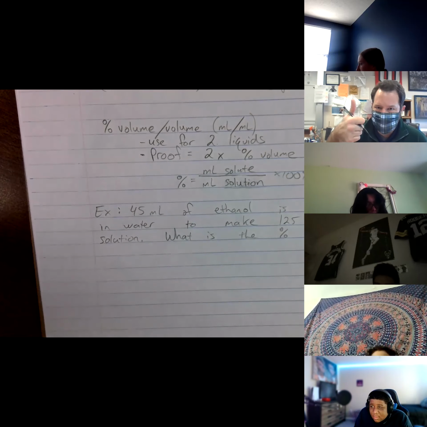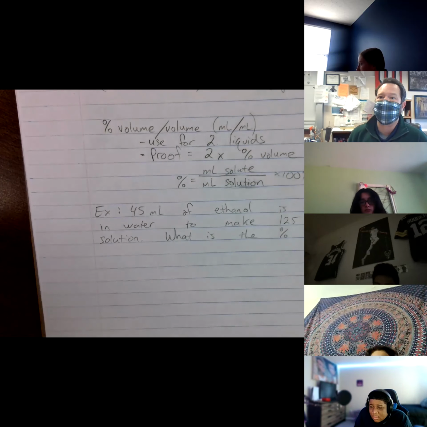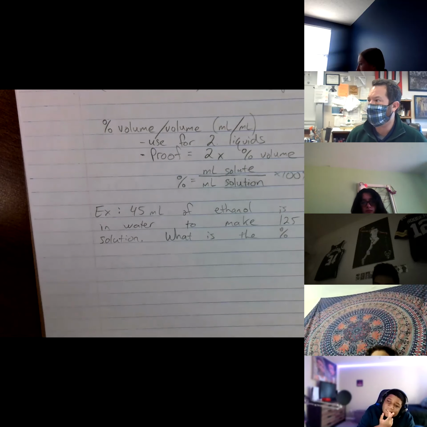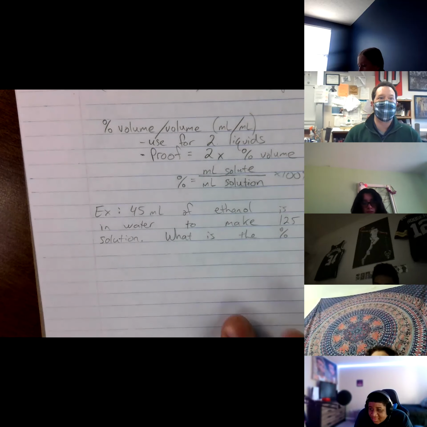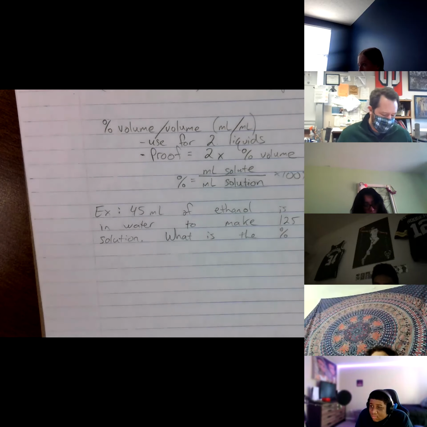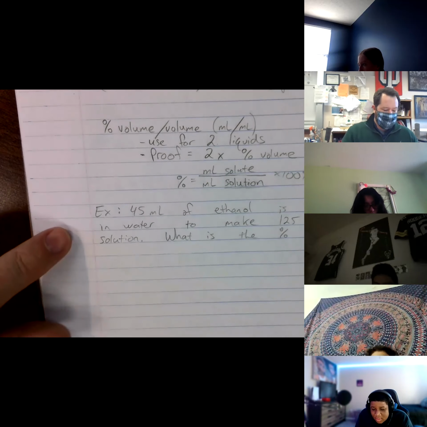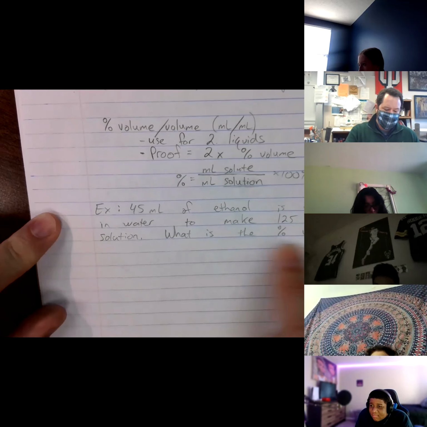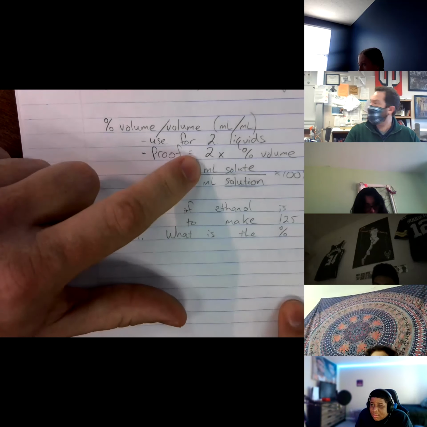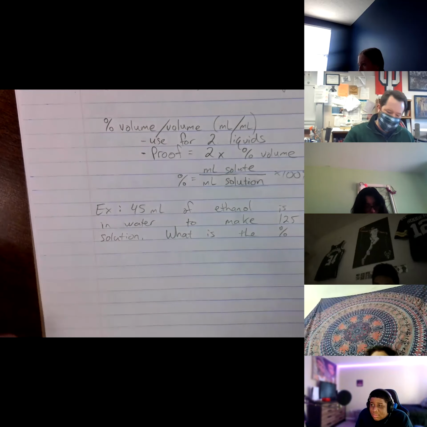Or again, A, I'm going to take off points, and B, more importantly, you're digging yourself a grave. You are not going to be able to solve these problems when they get more complicated because you will not have built up those skills. So here are the skills I need you to practice with right now, even when it's easy. We're looking for the percent volume. That means milliliters of solute over milliliters of solution.